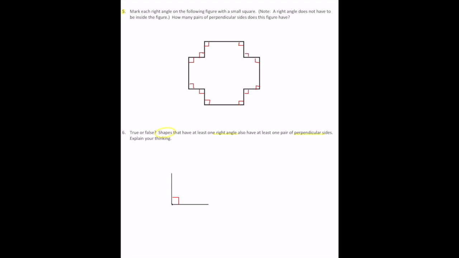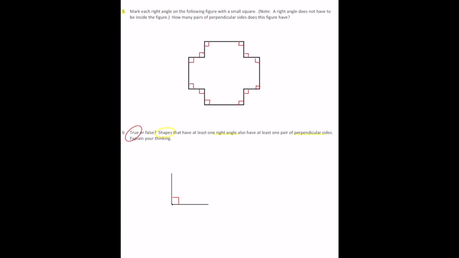So can you think of a way to create a shape that has at least one pair, that means 2 line segments or 2 lines, that are perpendicular? And the answer obviously is true, because at least 2 sides in any given shape would be considered 90 degrees and perpendicular.